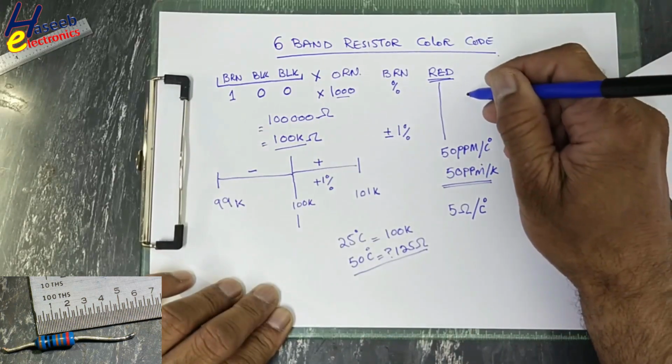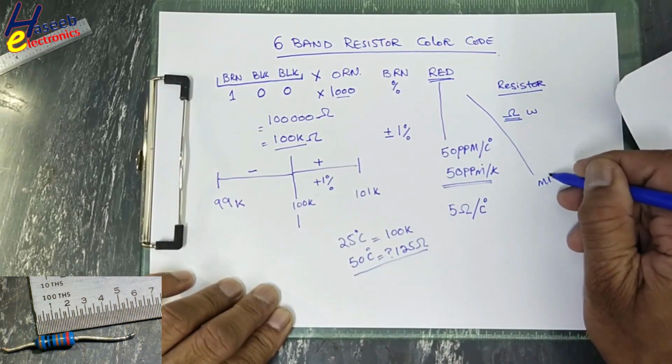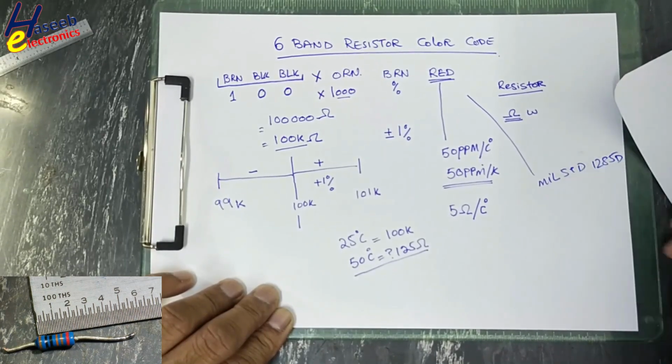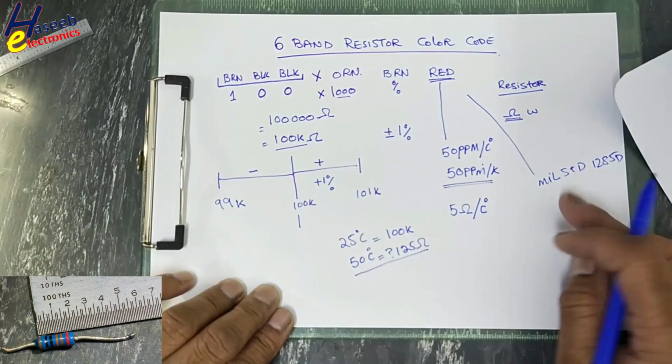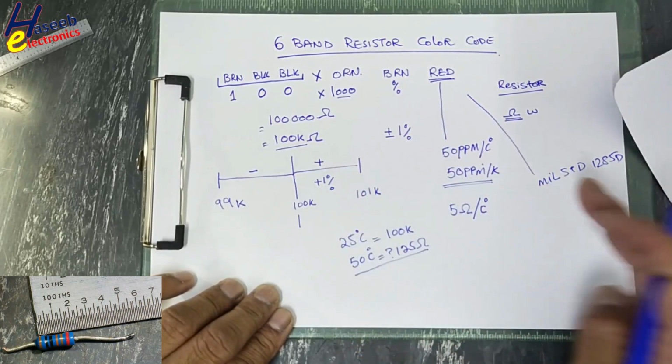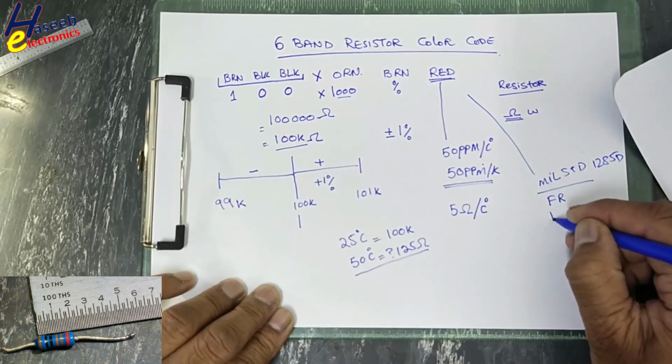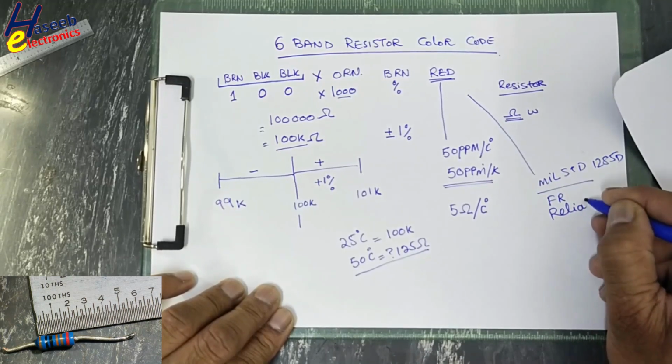If we are discussing military standard 1285D, this sixth band indicates failure rate or reliability.